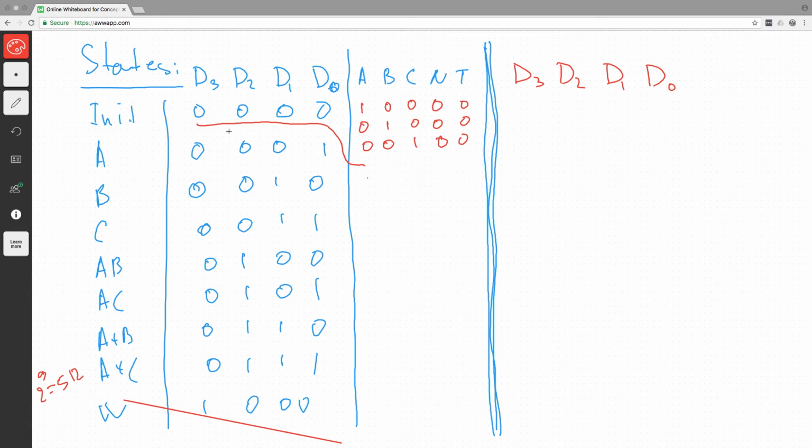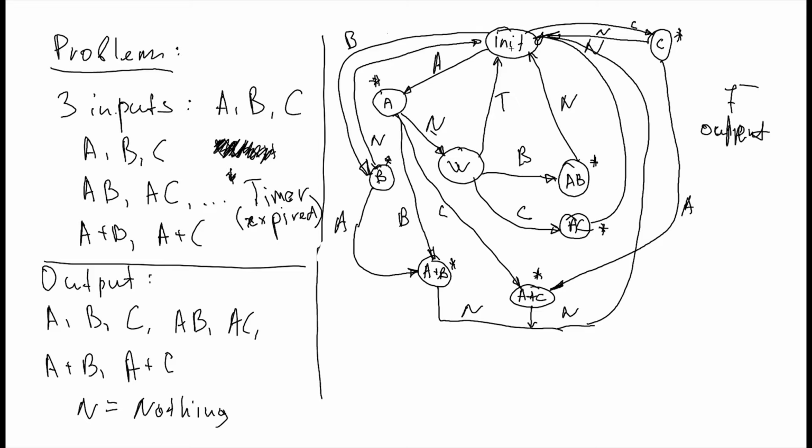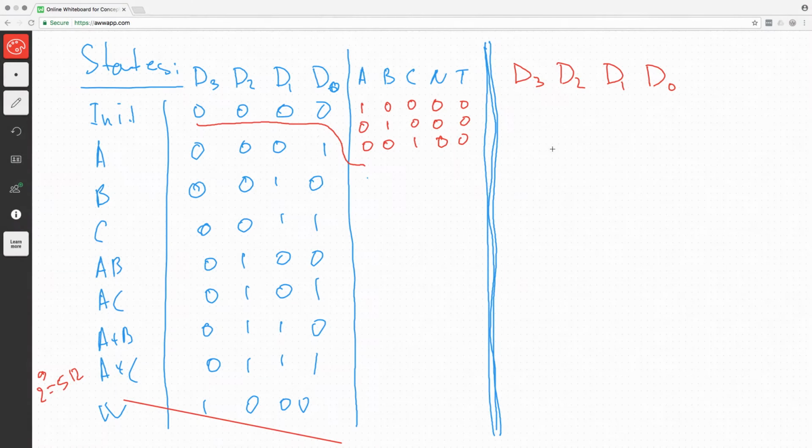But we know that the initialization state, if it is combined with signal A and no other signals applied, then we change the state, and our new state will be state A. State A, in our case, is 0001.